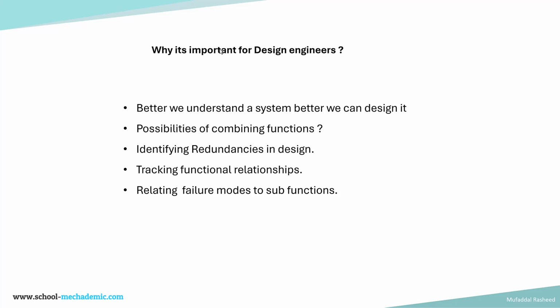By understanding this functional decomposition, we will be arriving at possibilities of combining functions. Third, similar to the second point, identifying redundancies in design. If there are two components which are performing similar functions, then we can combine them together.